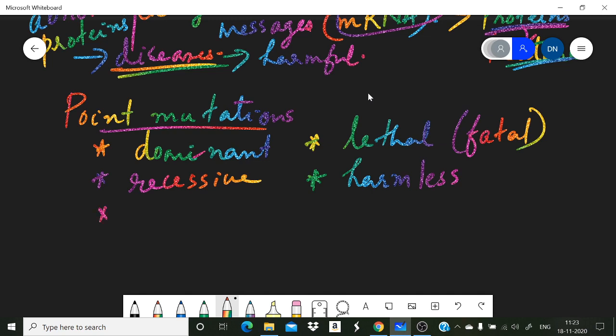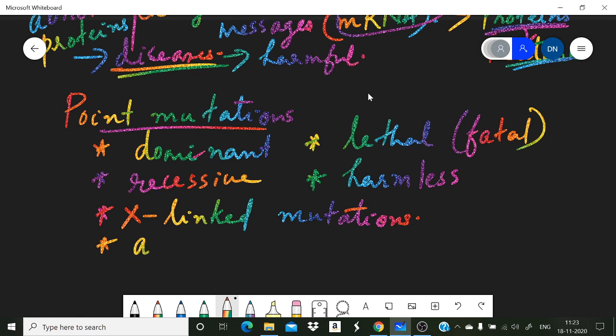Some point mutations are confined to X chromosomes, and such point mutations are known as X-linked mutations. Some point mutations are restricted to certain autosomes, and they are known as autosomal mutations.